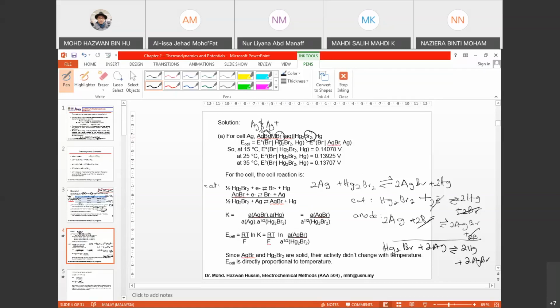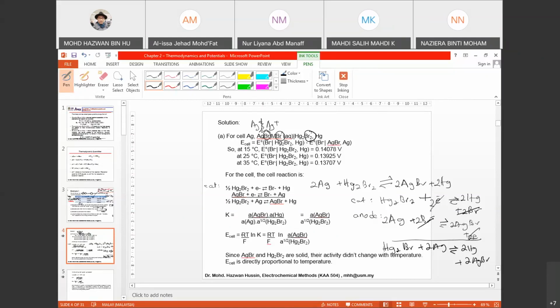When you have a metal bromide electrolyte, during the oxidation process Ag plus will combine with Br minus from this electrolyte to form AgBr. Similarly for this one too. That is why we have to consider Br in this case.